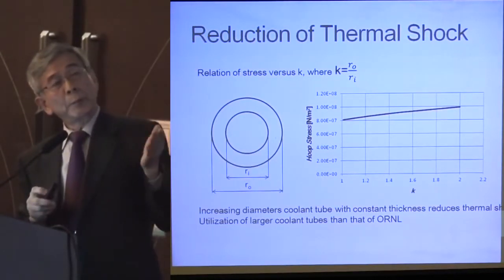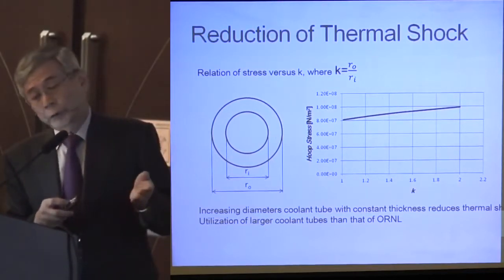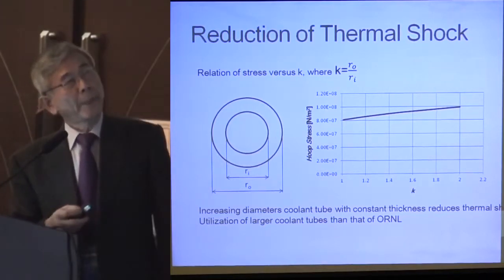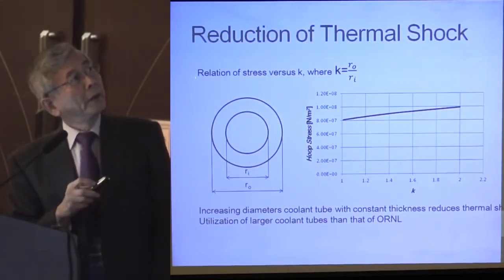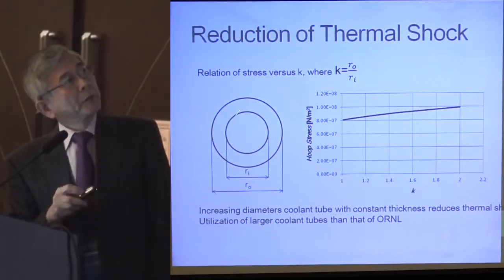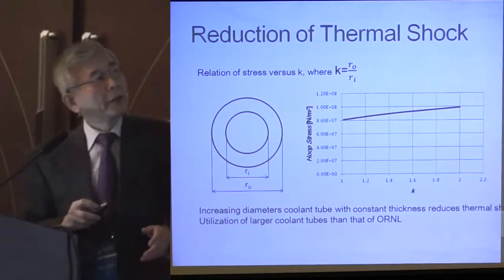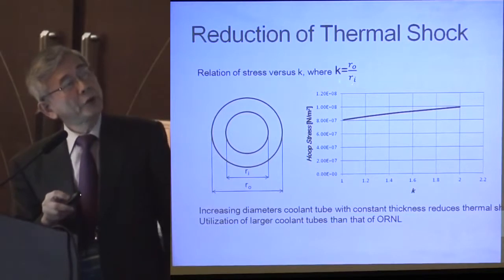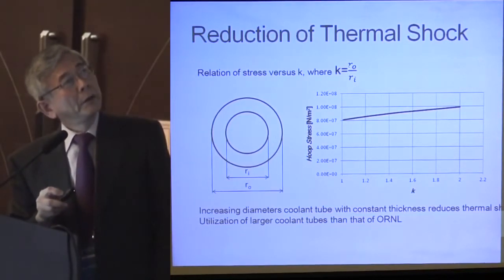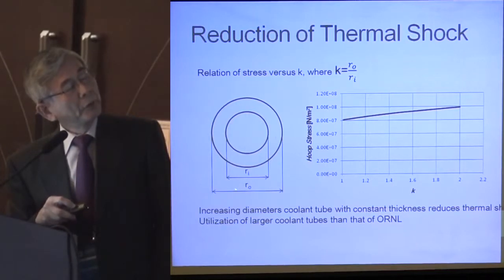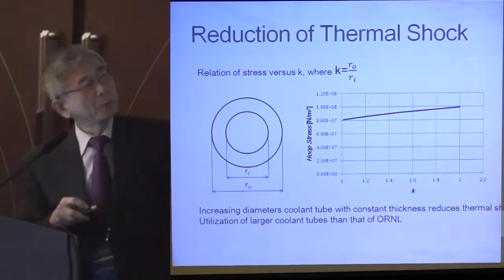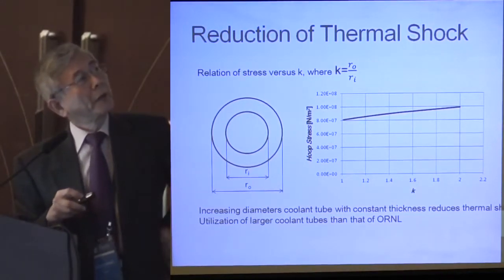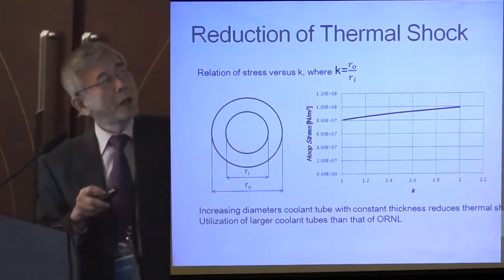Before I go into the design study, we try to reduce thermal shock. Temperature difference stress is a function of K. K is the ratio of inner diameter, or inner radius, versus outer diameter.